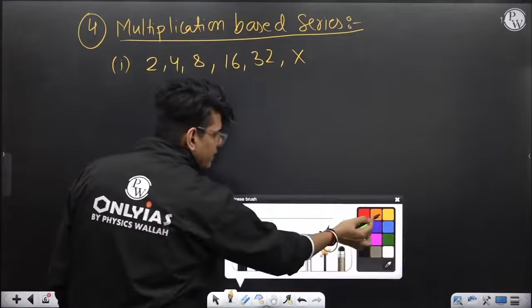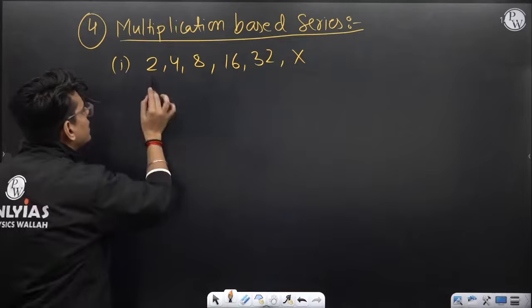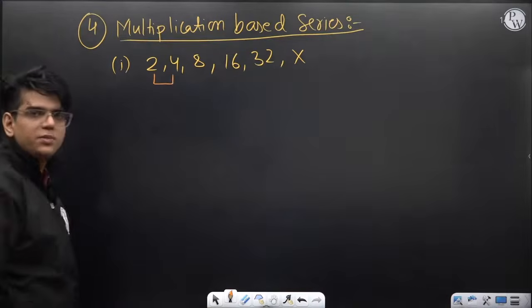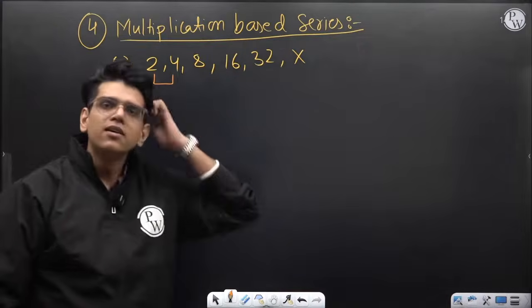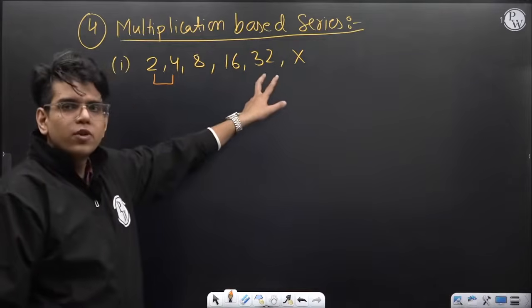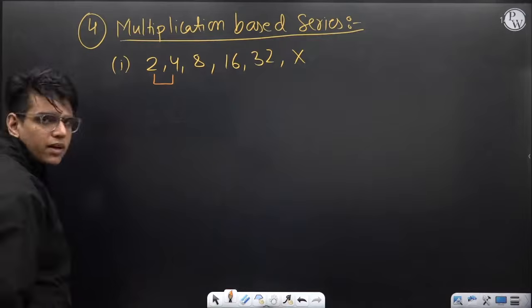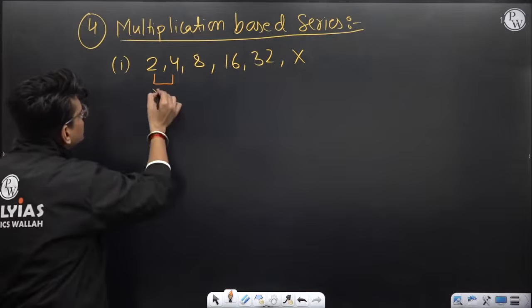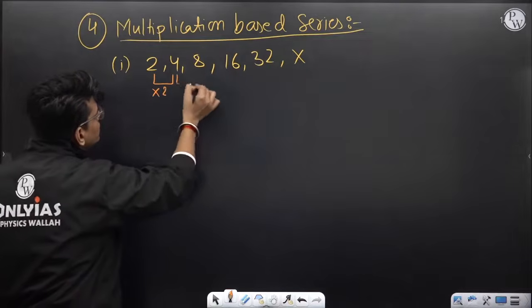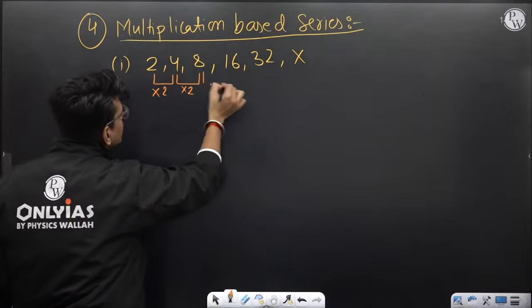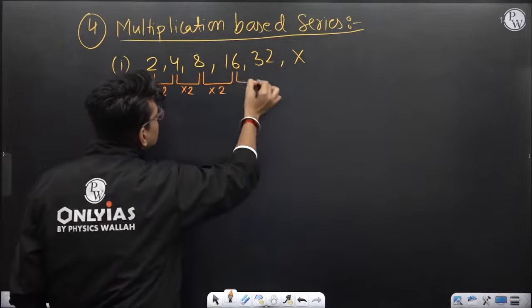Now if you see, these numbers are nothing but in GP. What is GP? GP is geometric progression, where the ratio of two consecutive terms is the same, which we call the common ratio, right? 4 by 2, this is nothing but 2 into 2, this is nothing but 4 into 2, this is nothing but 8 into 2, this is nothing but 16 into 2.